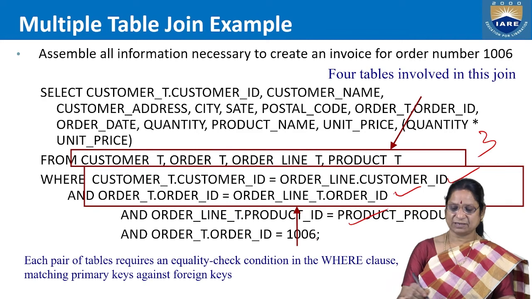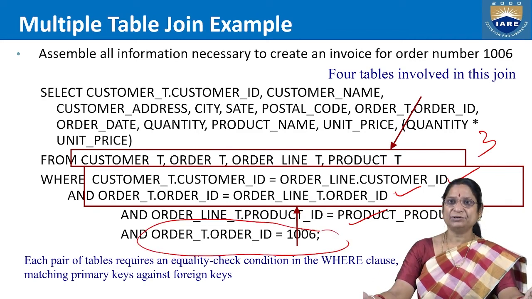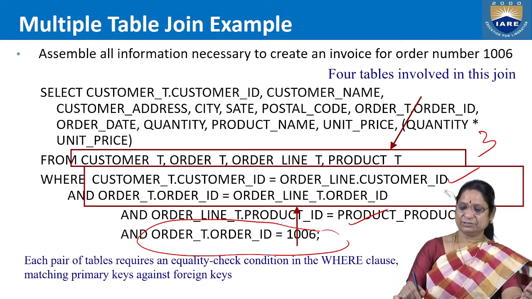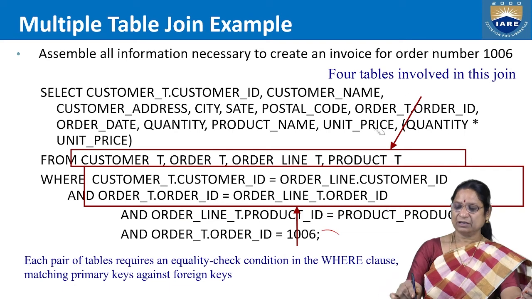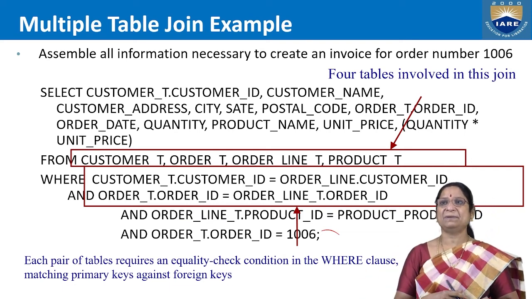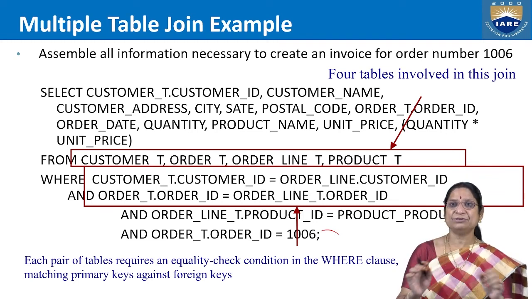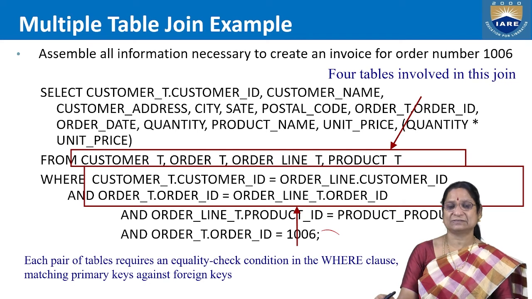Three join conditions. Of course, additional conditions will be there, but that is a different issue. I would like to take only order ID 1106. So additional conditions are different conditions, which according to our logic I may use. But to join n tables, we have to use n minus 1 join conditions.